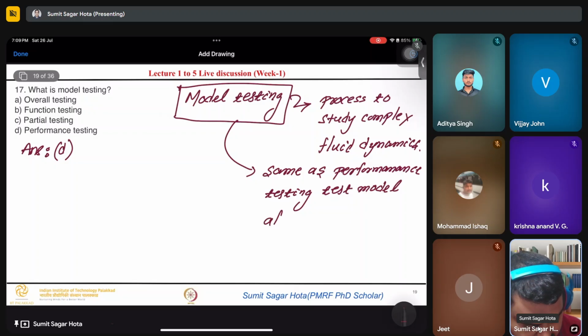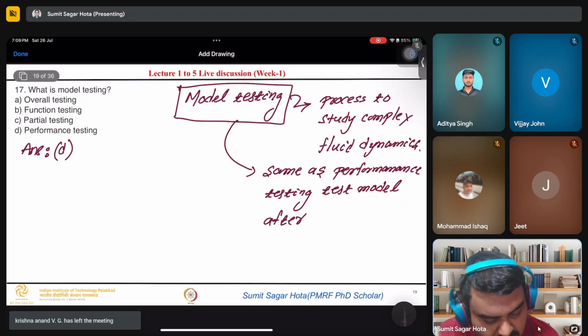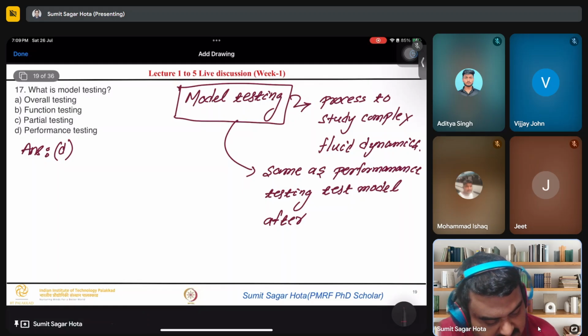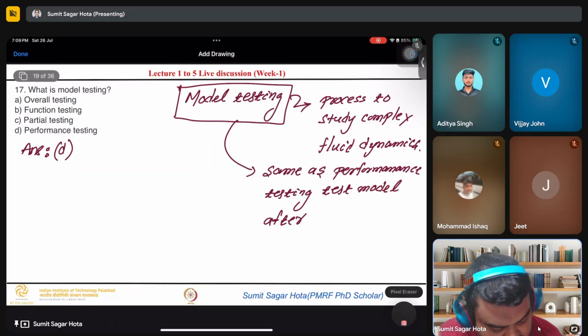So whatever I'm writing, each definition of model testing can be a question. So it's a kind of performance testing of a test model, after what can be a question, after a standard scaling.